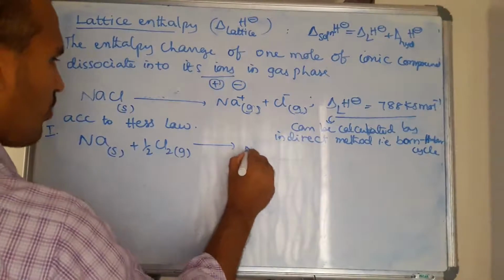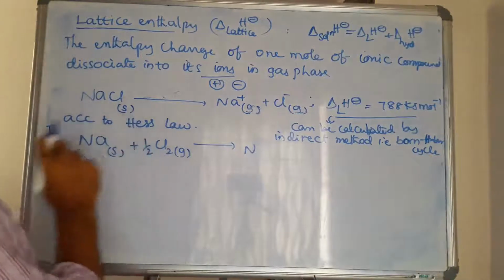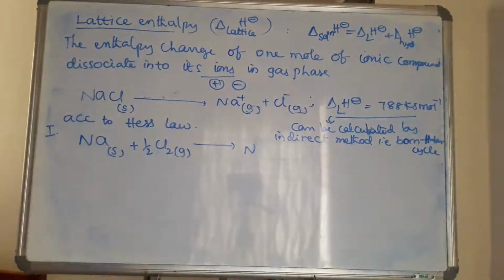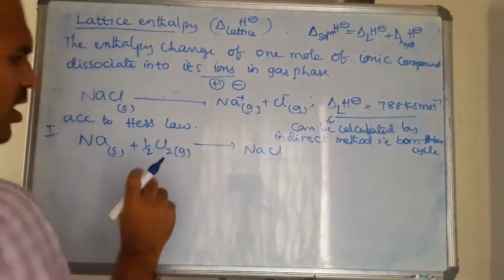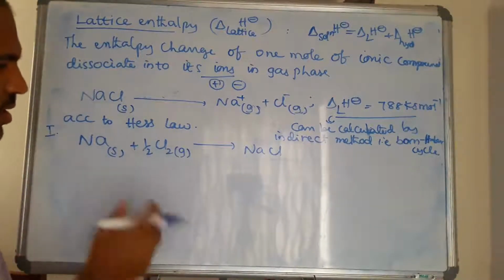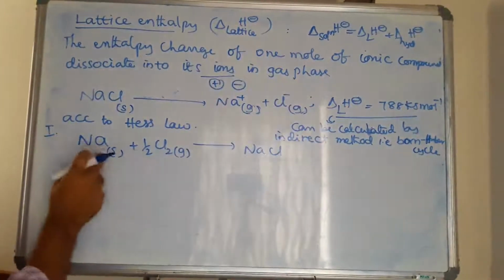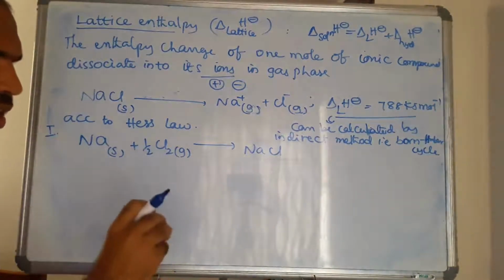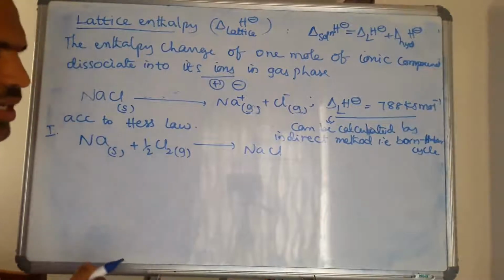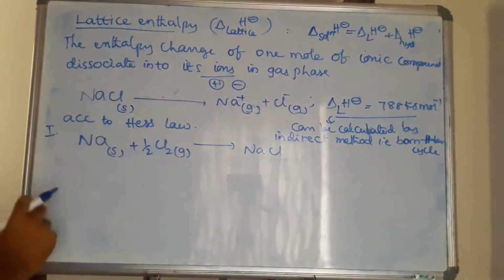Then this will form Na. NaCl dissociates into. So it forms NaCl. Then you may ask the question, sir, actually we have to dissociate into Na plus Cl minus, but we took here NaCl, then it forms NaCl. Formation and dissociation enthalpy change is the same, but the sign is opposite, because if this reaction is reversed, Na plus Cl minus combine to form NaCl solid.